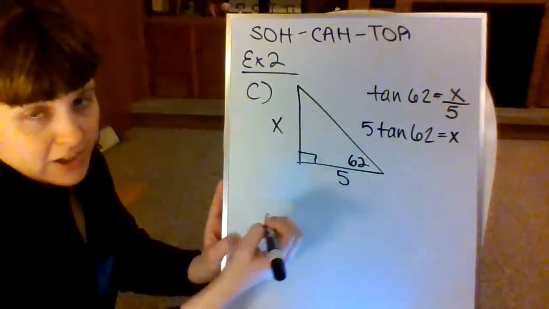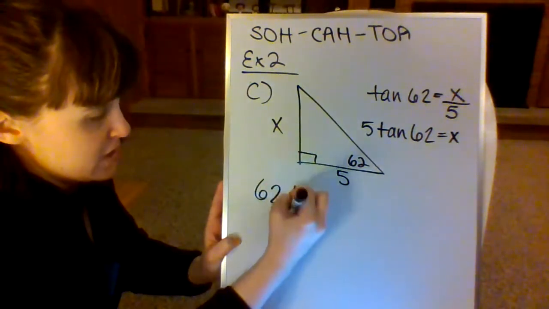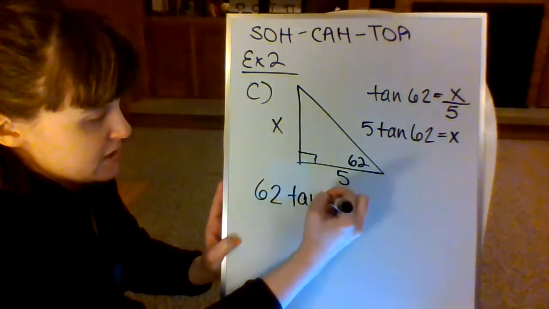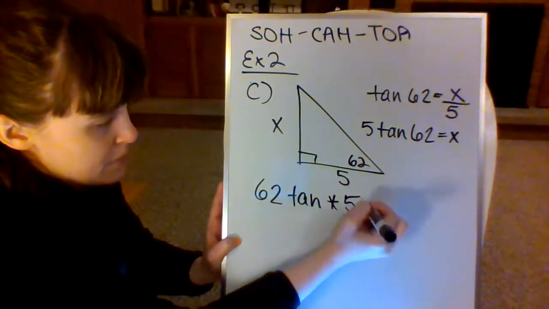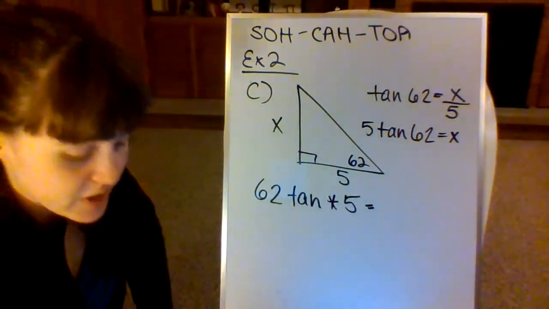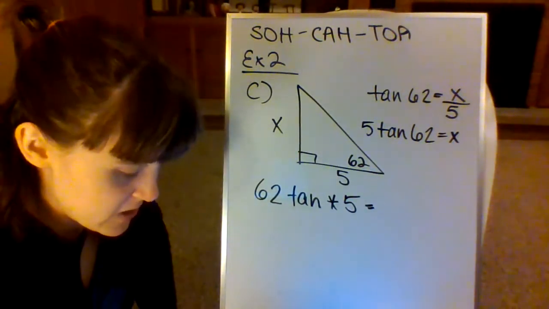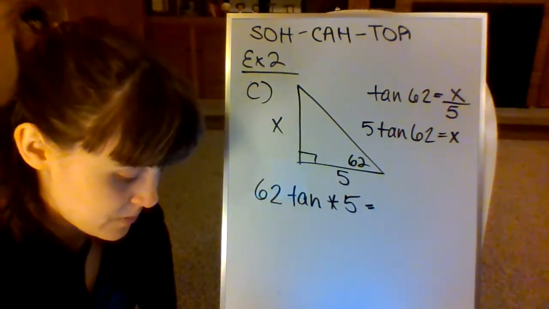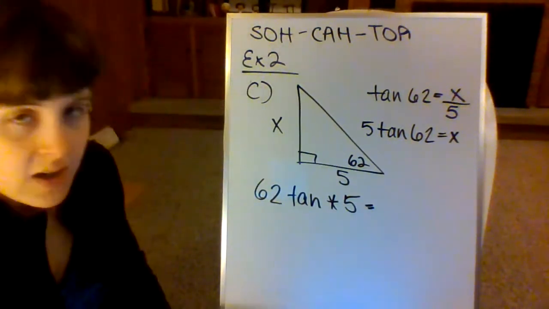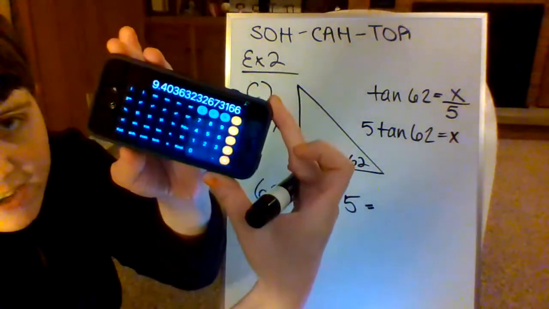So on your calculator, you're going to do 62 tangent times 5. Okay, so on your phone, we're going to do 62 tangent times 5. And if you round to the nearest tenth, that gave me 9.4.